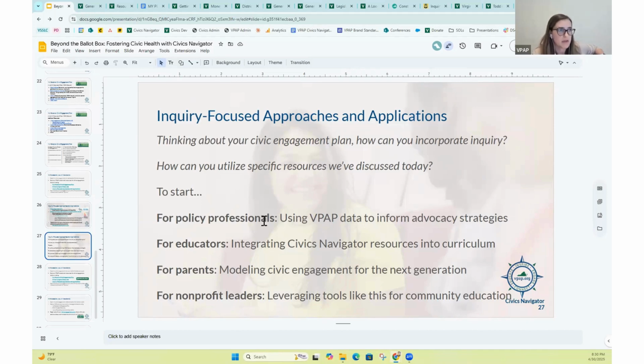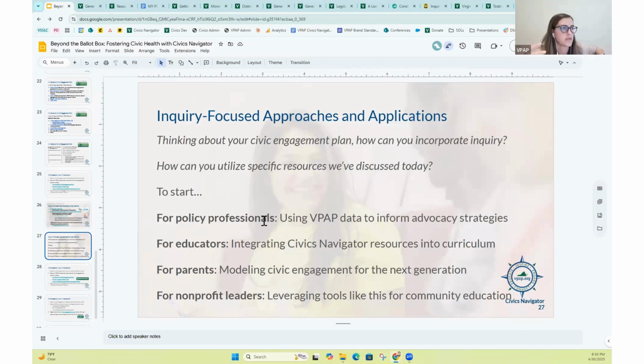So for our policy folks, that might be informing your advocacy strategies or even your development strategies. For educators, going to vpap.org/civics and deciding which specific resources you might start with. For parents, same thing.